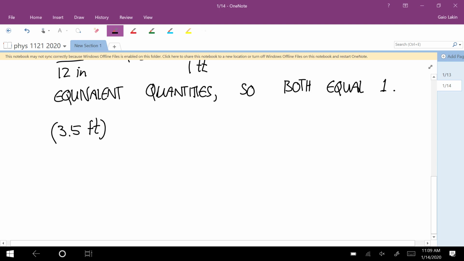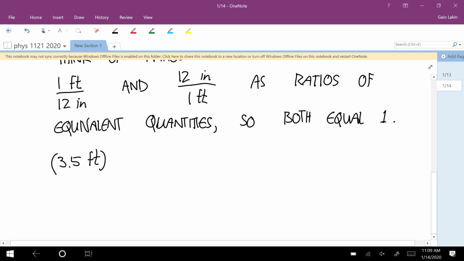We're going to multiply that by either 1 foot over 12 inches or 12 inches over 1 foot. We want the feet to cancel out because we're trying to get an answer in inches. And so we're going to multiply this by 12 inches over 1 foot.